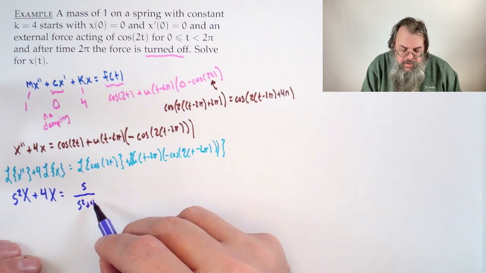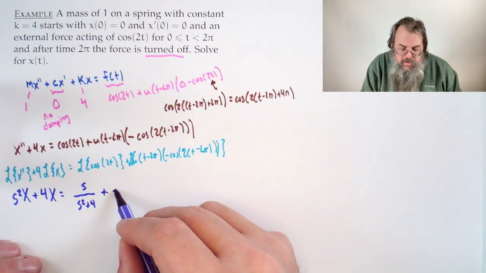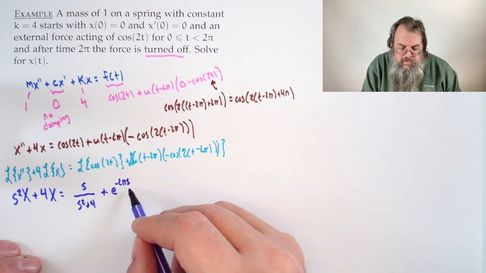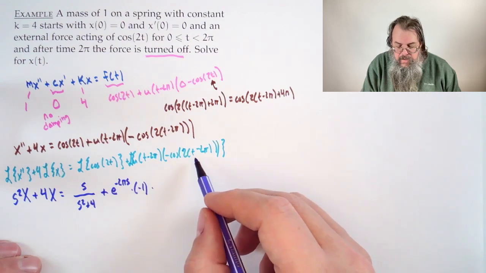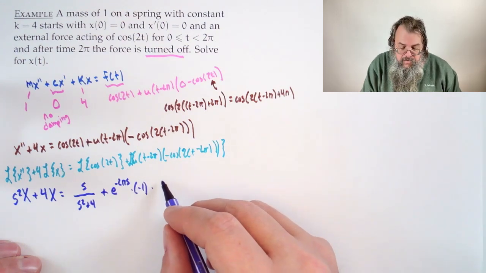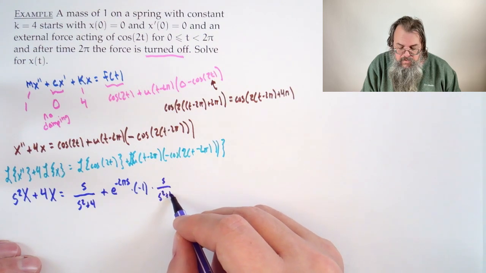And then we're going to get plus e to the minus 2 pi s. There's a minus 1. And then, same thing, right? S over s squared plus 4.